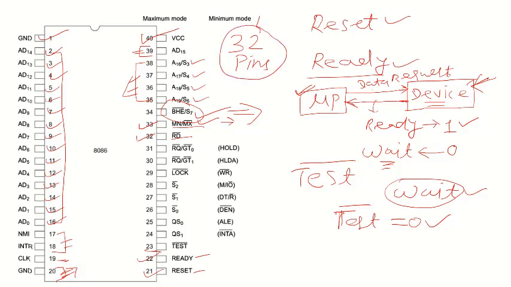These 32 pins are called common signals. The remaining 31 pins have already been discussed by me. In the next lecture we will discuss BHE bar S7, where we will cover one more important concept of the 8086 microprocessor. Okay, thank you.